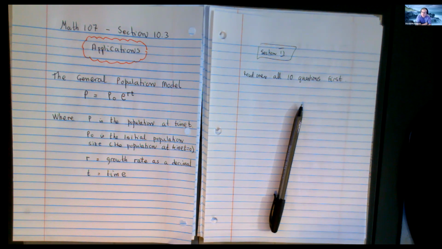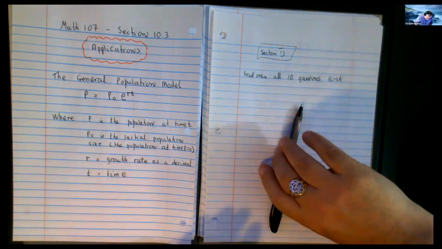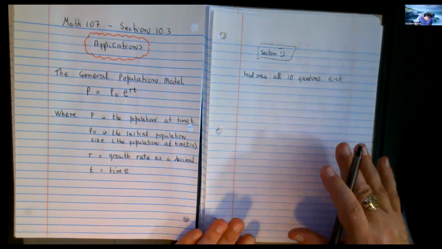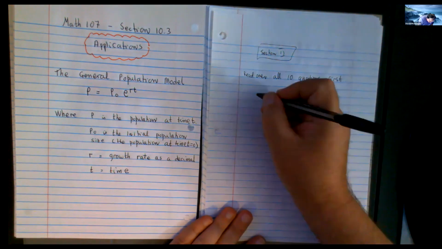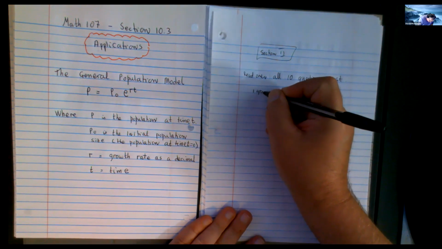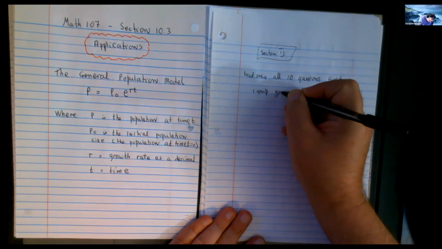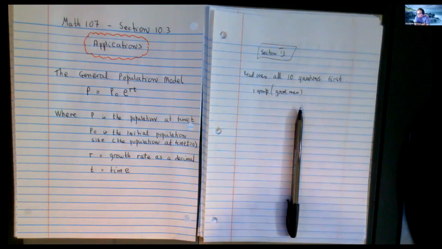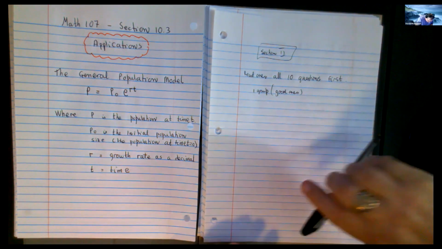And the reason why I'm asking you to do that is that once you've done that, you should be able to break the 10 questions into 3 main groups. The first group are the good ones. Aren't there going to be some questions that you've done tons of them and you can do them in your sleep? And the good ones you do first.